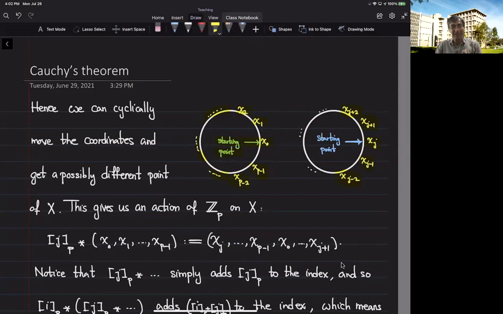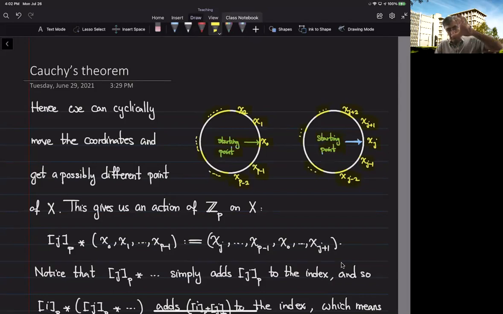If I focus on the indices, I'm essentially going mod p. So as I do that, I'm still going to get the identity. As I multiply them, I still get the neutral element. And therefore, starting with x sub j, I get another point inside the set X.